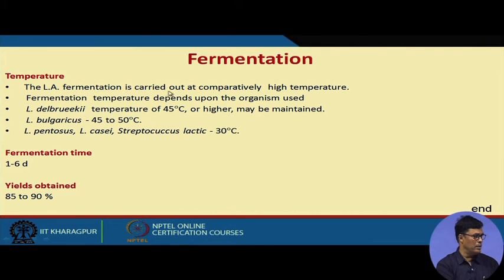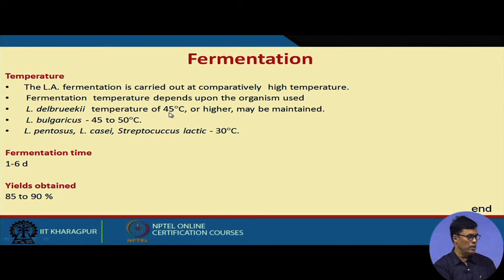Now, lactic acid fermentation is carried out at comparatively high temperature. The fermentation temperature depends on the organism used. For example, I told you that two bacteria are largely used by the industry, Lactobacillus delbrueckii and Lactobacillus bulgaricus.